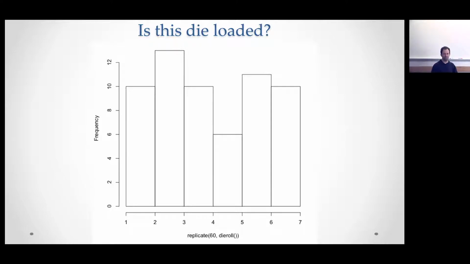We roll the die 60 times, so we should get 10 for each, but we get, it looks like, 13 or 14 for 2. Is this die weighted towards a 2? What do you think? No? Okay. Is there a principled way to answer the question?